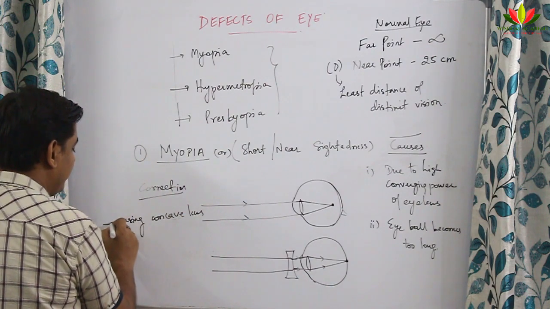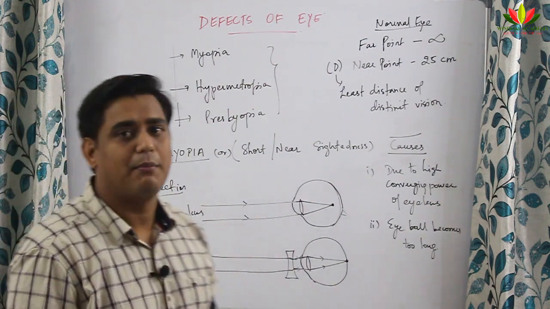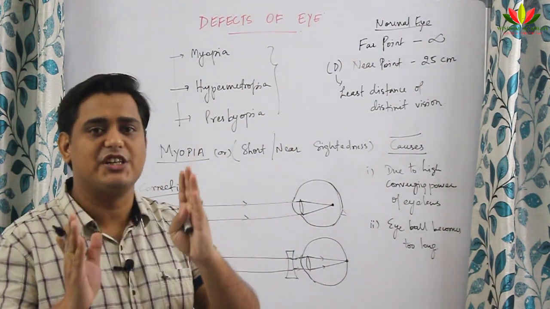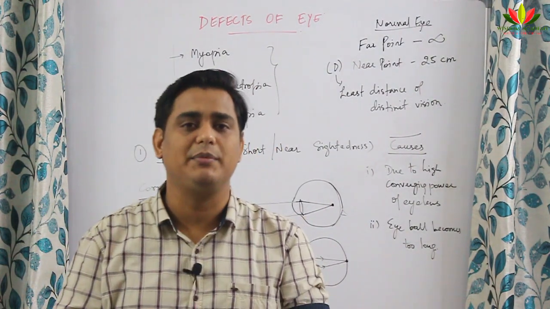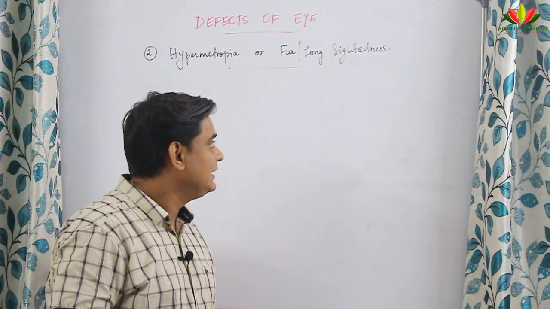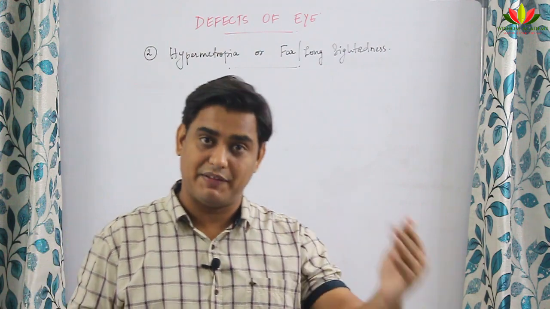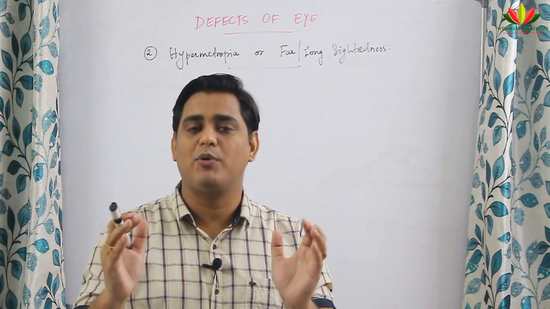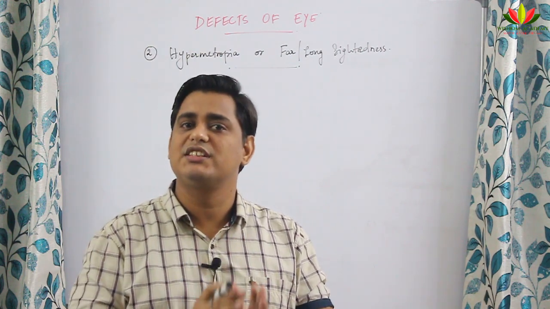By using a concave lens, we can correct myopic disorder or nearsightedness. How? It will diverge the light initially, and then finally it will converge to form the image at the proper position. So you have seen that in a myopic eye, the far point of the eye gets affected. How does it happen? Due to either the eyeball being very long, or the converging power of the lens being too high.